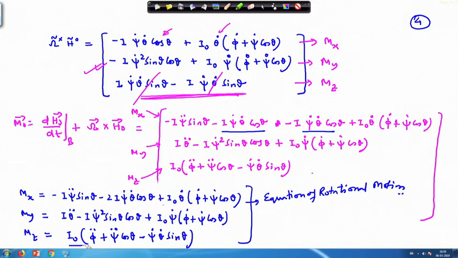If you look at this particular part, especially this, it can be written as I 0 times d by dt of phi dot plus psi dot cos theta. So, m z is basically this quantity, okay, this equals your m z.